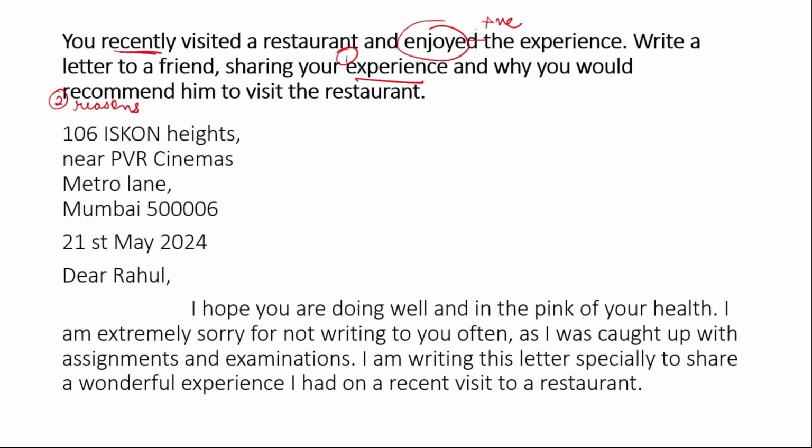So I have written the address, left a line, date, left a line, my friend's name I have written as Rahul. So dear Rahul. See, if you see here, why would you recommend him to visit the restaurant? So they have already stated it's a boy, so write a boy's name. Dear Rahul, I hope you are doing well and in the pink of your health.